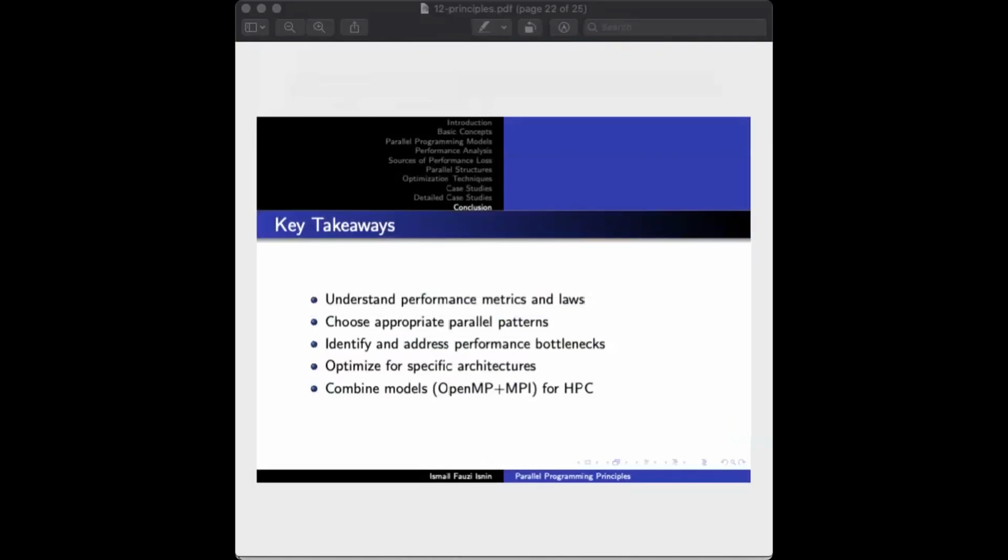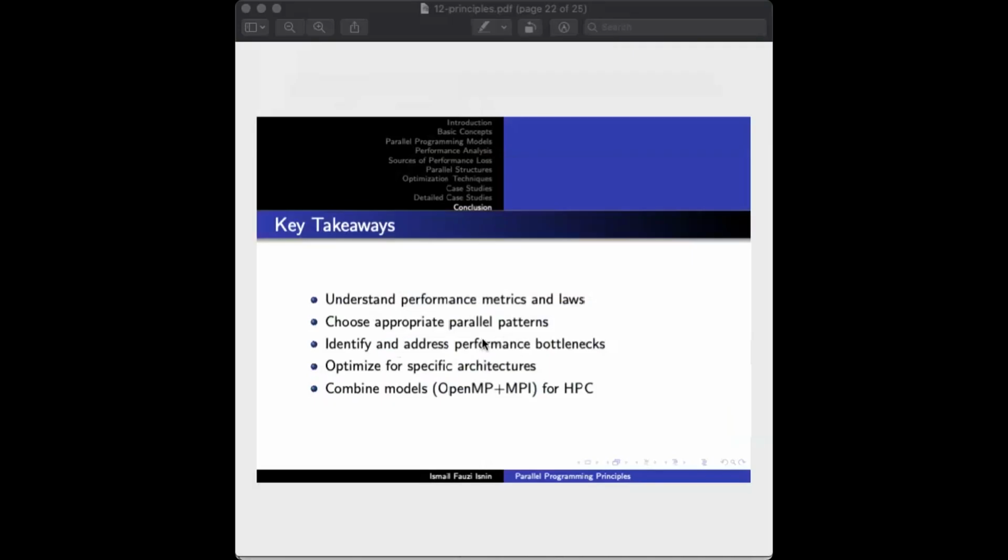First, always utilize performance metrics and scaling laws to analyze your execution data. Second, map your problem onto established parallel patterns like pipeline, reduction or divide and conquer to ensure clean design. Third, learn to actively identify and eliminate the primary sources of performance loss: load imbalance, communication overhead, and bad cache management.